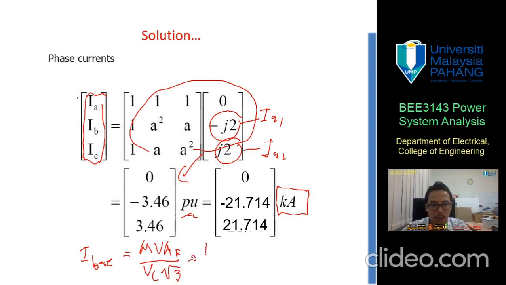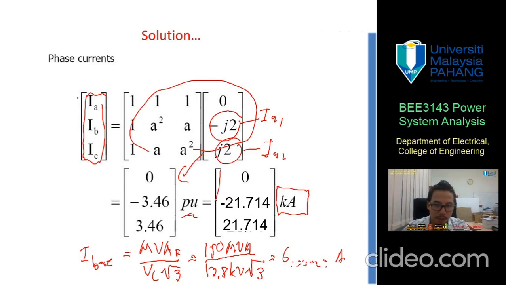So here it is 100 MVA and 3.8 kV, times root 3. I think we get something around 6,000 amps, I forgot. Maybe 5,000, so please calculate it by yourself. Then we calculate with the I base so that we get this value.